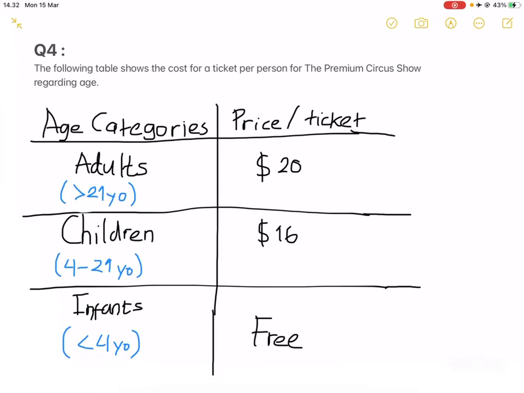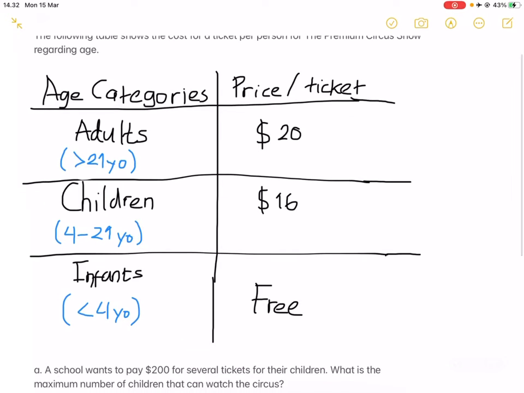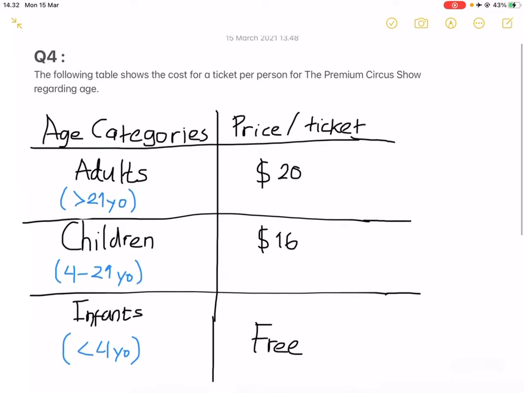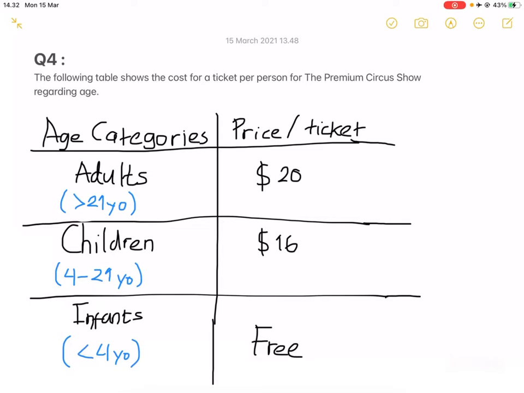For question 4, the following table shows the cost for a ticket per person for the premium circus show regarding age. So we have 3 age categories and we have the price per ticket per person.